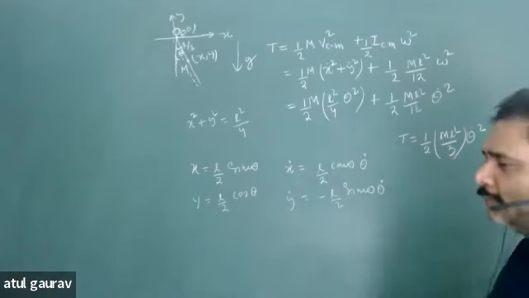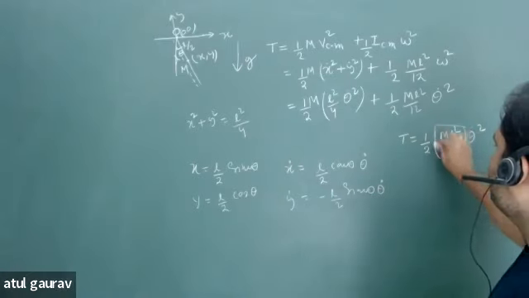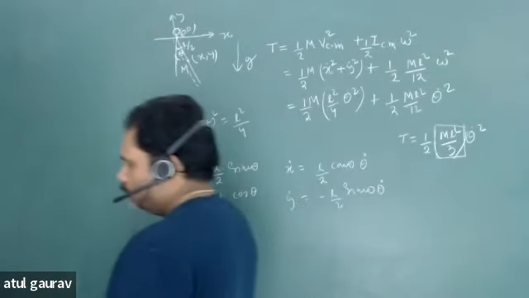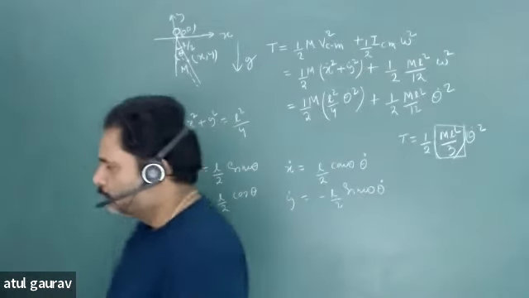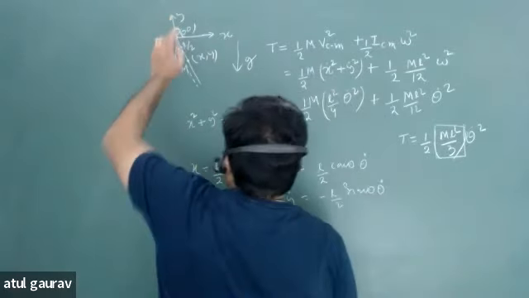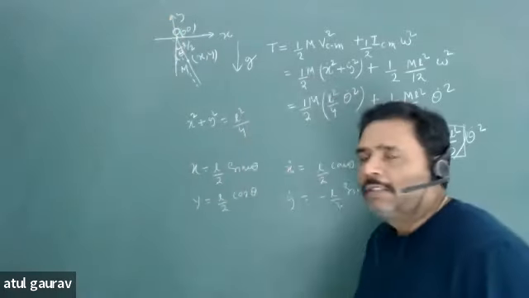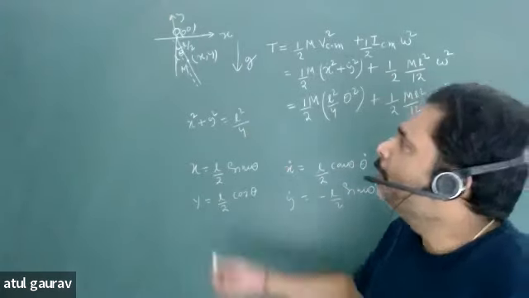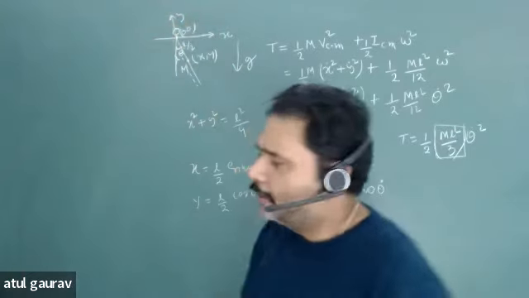Now tell me one thing, what is this ml square by 3? Moment of inertia at the suspension point. Yes, so this is the moment of inertia about the point of suspension. So this is your ml square by 3. But now your question will be, sir, why did you not directly take pure rotation about this point?